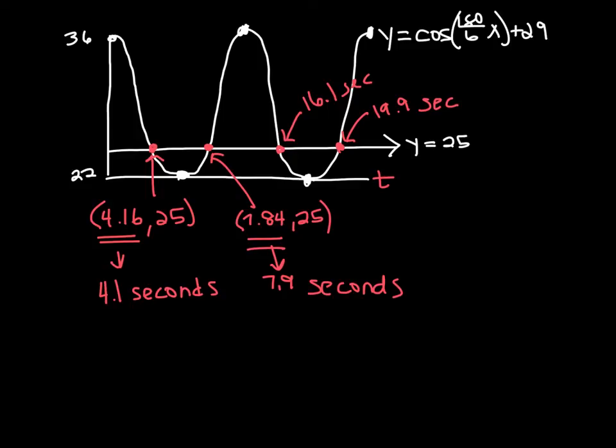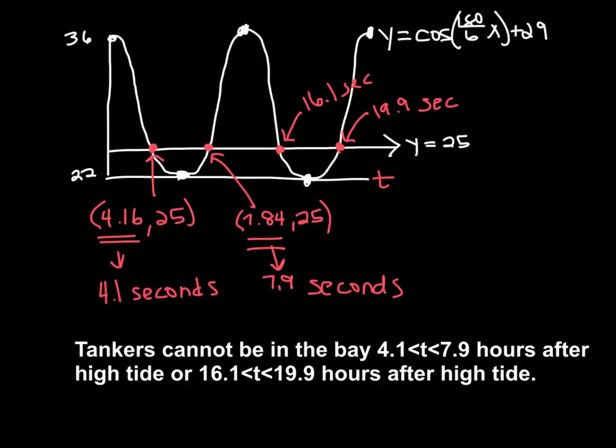So when it says to determine all points, well, we know that the tanker cannot be in the water from 4.1 hours after high tide until 7.9 hours after high tide. So what we can say is that tankers cannot be in the bay between 4.1 and 7.9 hours after high tide, from here to here, or from 16.1 to 19.9 hours after high tide, from here to here.